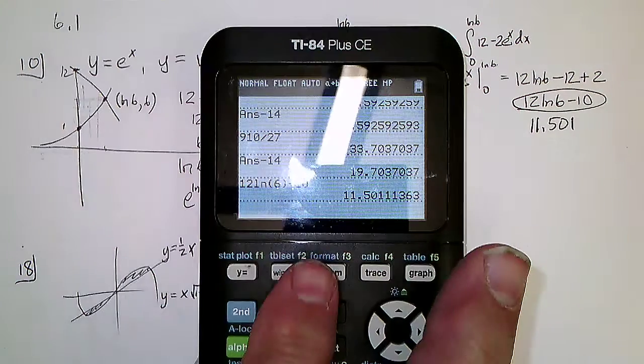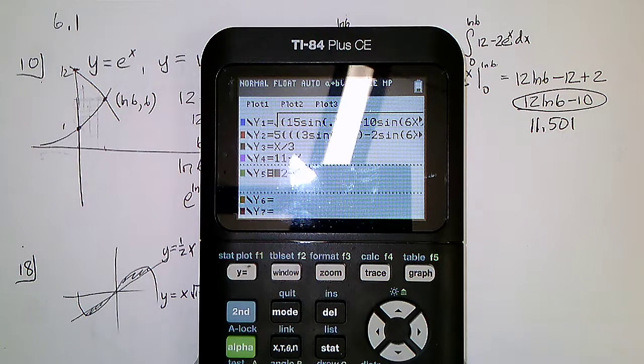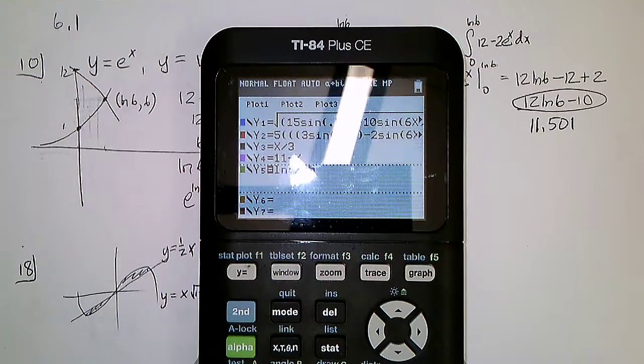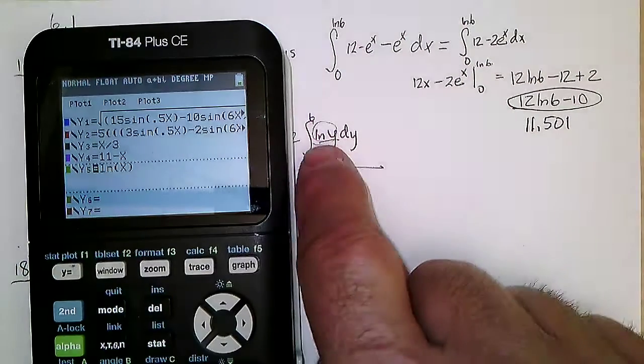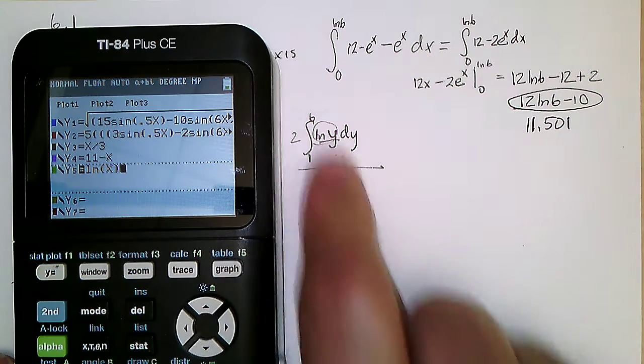Now, what if I do it the other direction? So come down to here, and I'll clear that one, and I'll put in the other equation as ln x. And I'm integrating ln x from 1 to 6 and times 2.